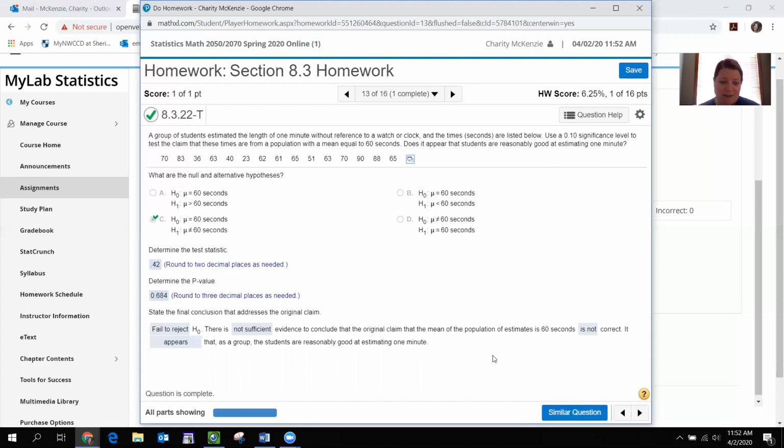It appears that as a group, the students are reasonably good at estimating 1 minute. Okay, so we fail to reject that it equals. It's a little off. And so we have to do the fail to reject.